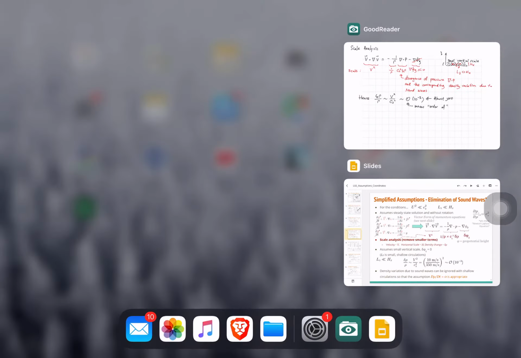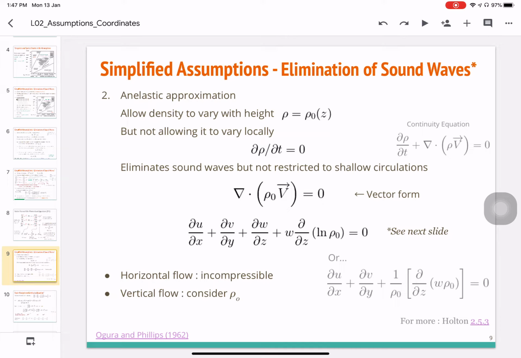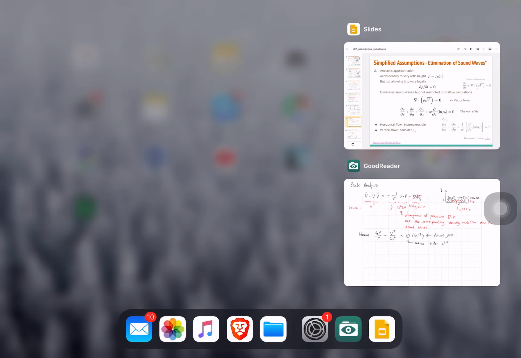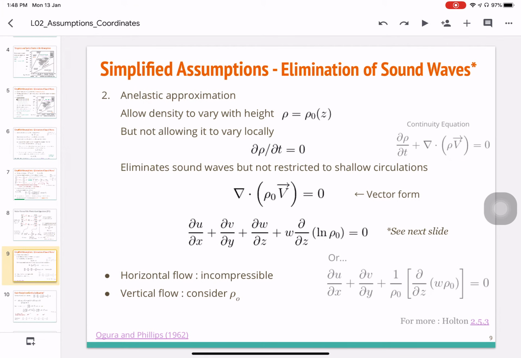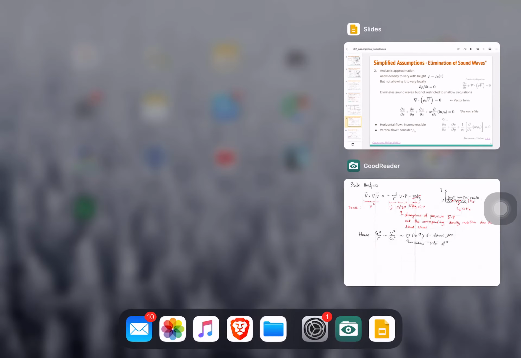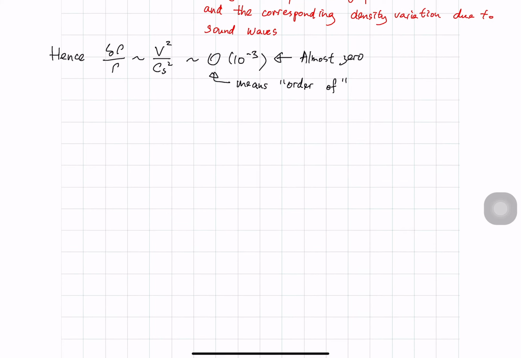Okay, so next, what if we want some type of density variation in our atmosphere? The next simple model that we can use is called the anelastic approximation. So what is the anelastic approximation? The atmosphere will look like layers and layers of density.